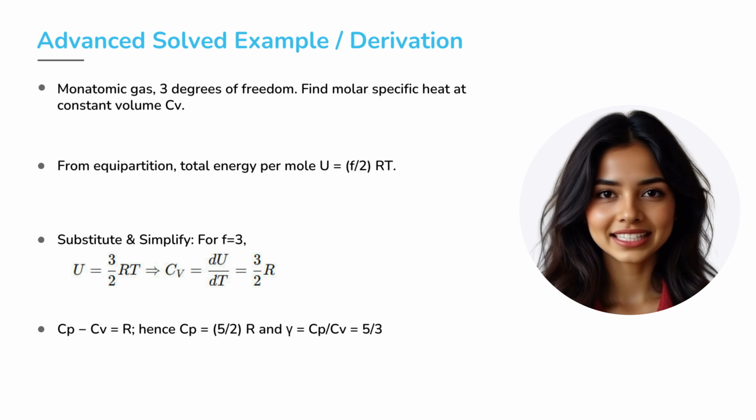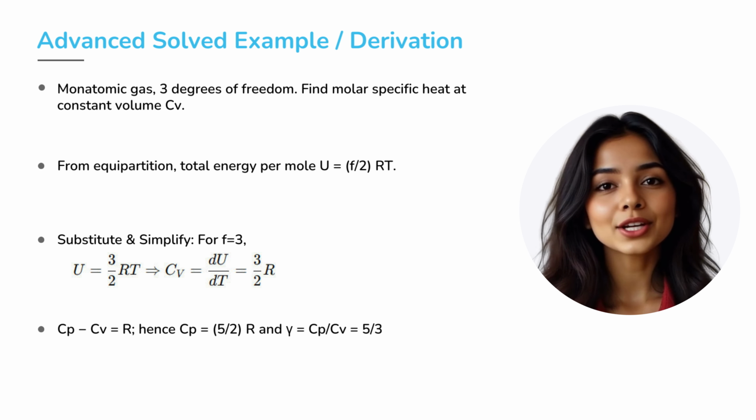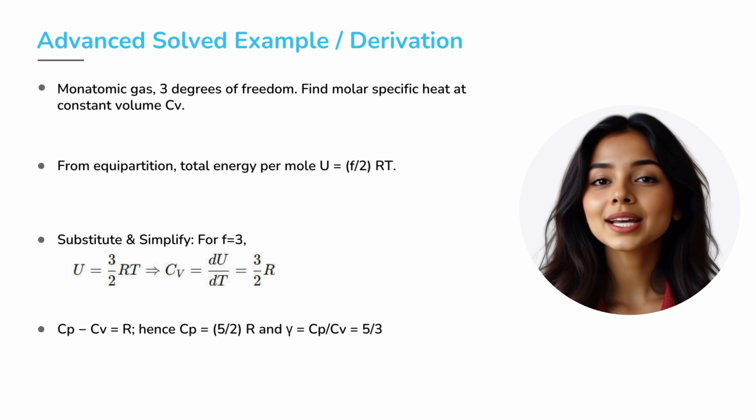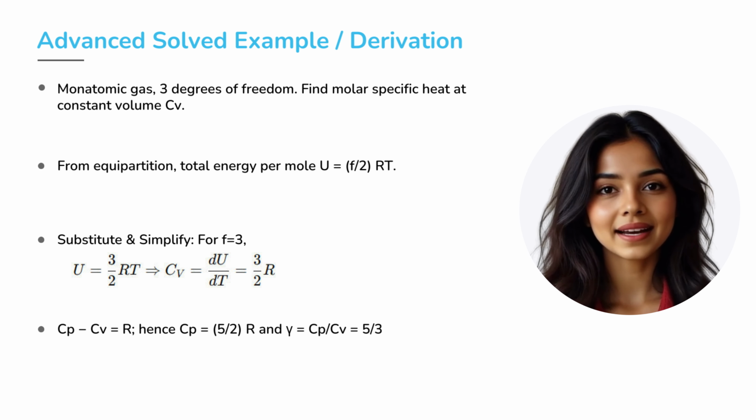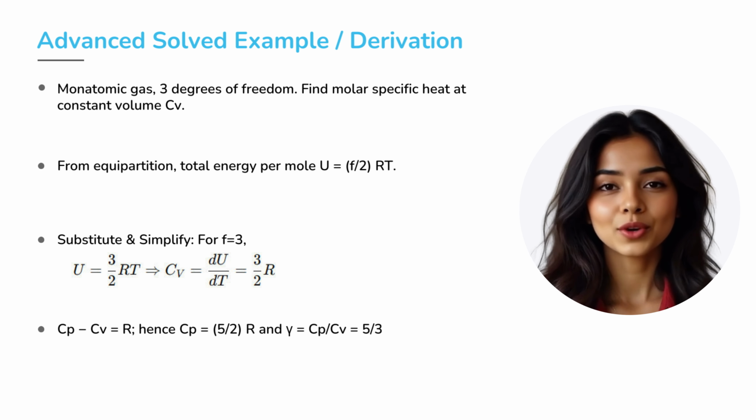Alright, let's quickly derive specific heat from the equipartition principle. For a monatomic gas, total energy per mole, U, equals F by 2 times R times T. Here, F equals 3. So, U equals 3 by 2 RT.